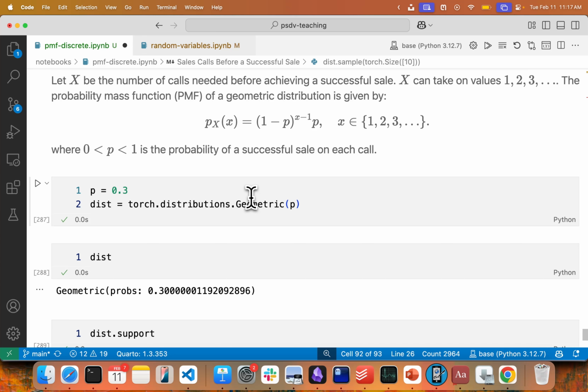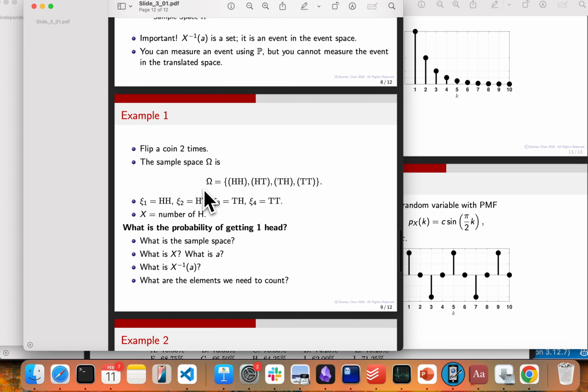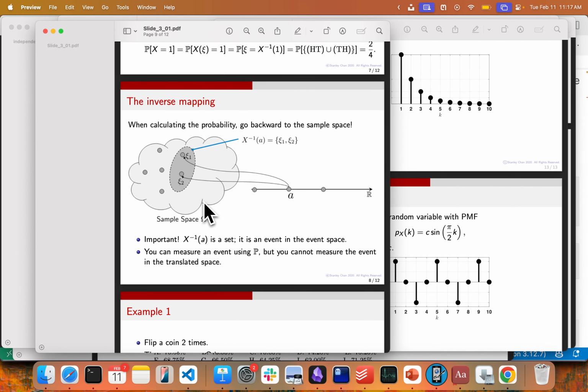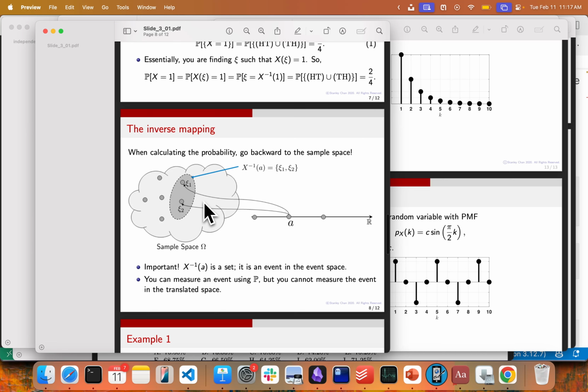So if you now go back to the question which I asked in the previous lecture, we said that we need to go back to the event space to then figure out what is the probability of 2 heads, 3 heads, 4 heads, 5 heads, etc. Now, what is your response if I ask you this question?